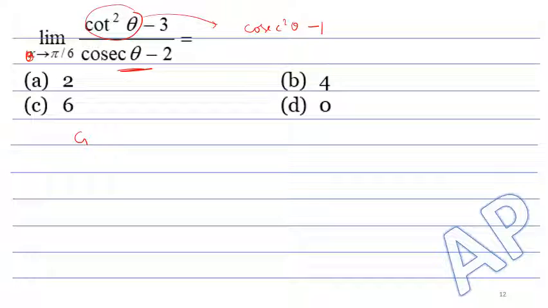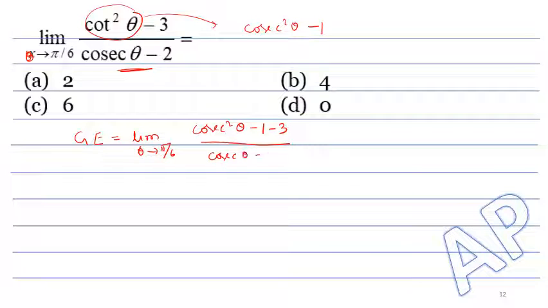Therefore, the given expression is nothing but the limit as theta tends to pi by 6 of (cosecant square theta minus 1 minus 3) divided by (cosecant theta minus 2). That is equal to the limit as theta tends to pi by 6 of (cosecant square theta minus 4) divided by (cosecant theta minus 2).